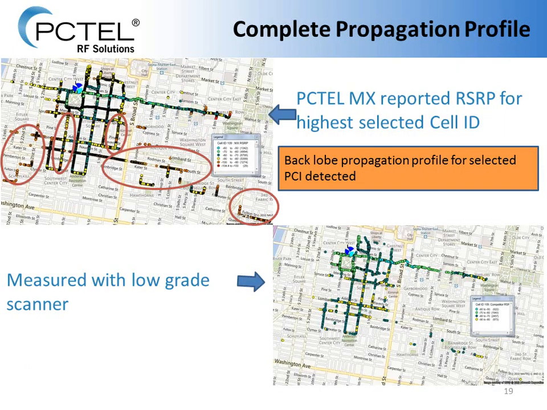So now I'm going to show you a few of the maps from this particular case study. If you look at the upper left-hand side, we're looking at the complete propagation profile of the drive test that we did. As you can see with the MX scanner, all the circles in red show where the scanner picked up a lot of the details of what's going on in the network, versus what, in this case, a low-grade scanner was able to pick up.